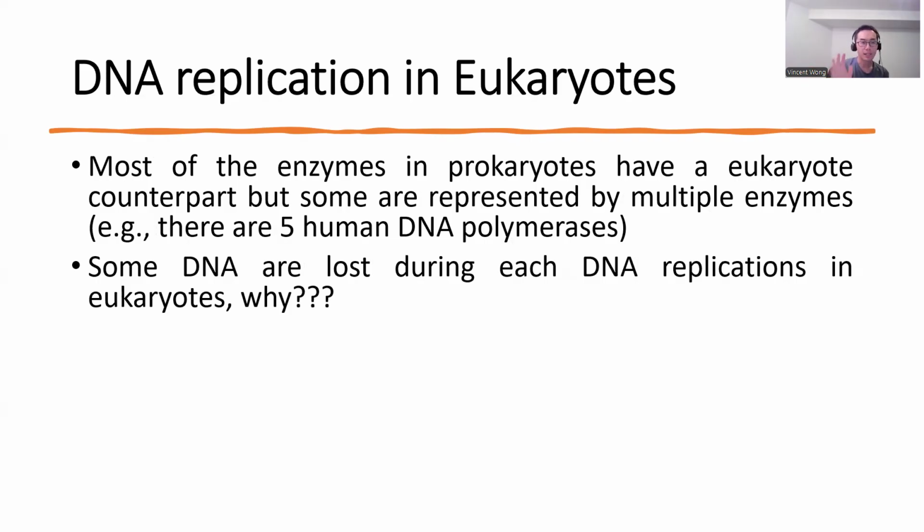And the last difference that we are going to talk about is the most important difference. We're actually going to be spending, I don't know, 15 minutes talking about it. It turns out every time we copy our DNA, we are going to lose a bit of DNA each time. Right? So we have linear DNA like this, and you copy the DNA, it gets shorter, it gets shorter, it gets shorter.